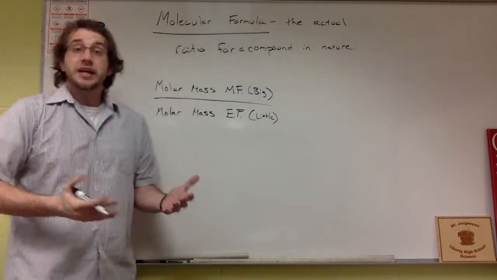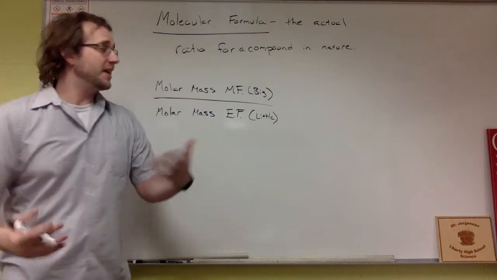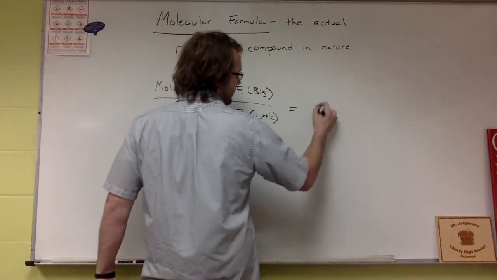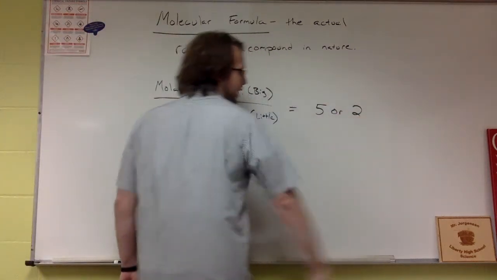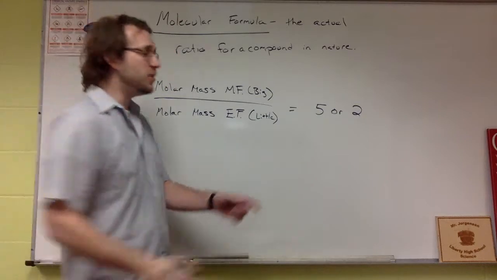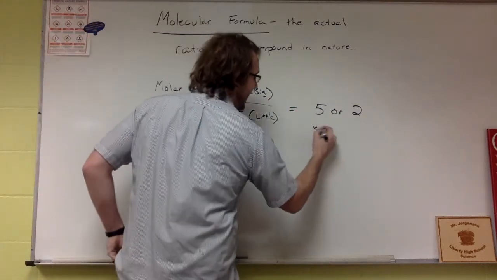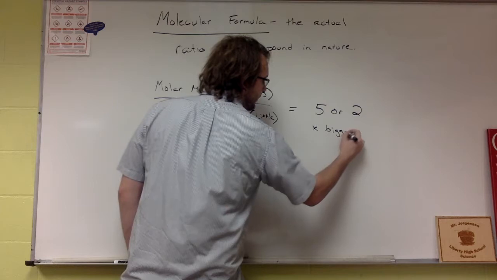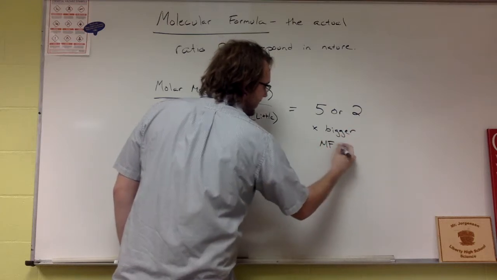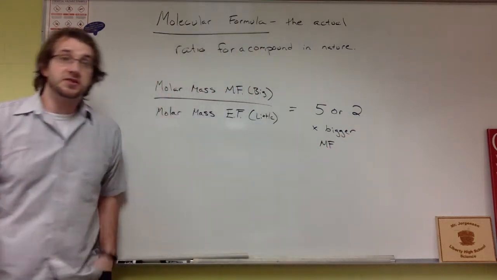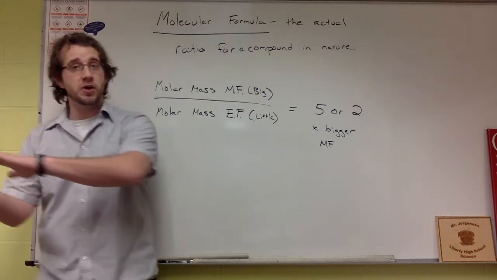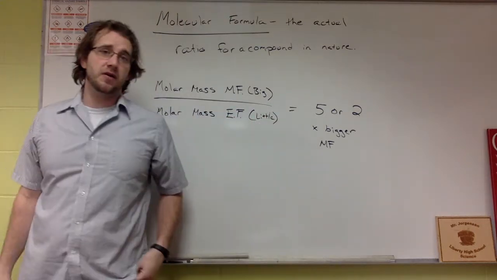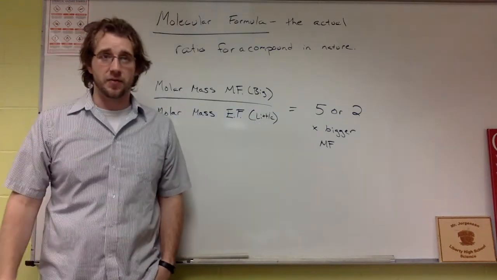Now when you do this, you should get a whole number, I don't know, 5 or 2. And what that whole number will tell you is how many times bigger the molecular formula is than your empirical formula. So you take that number and multiply it through your empirical formula to find the molecular formula.